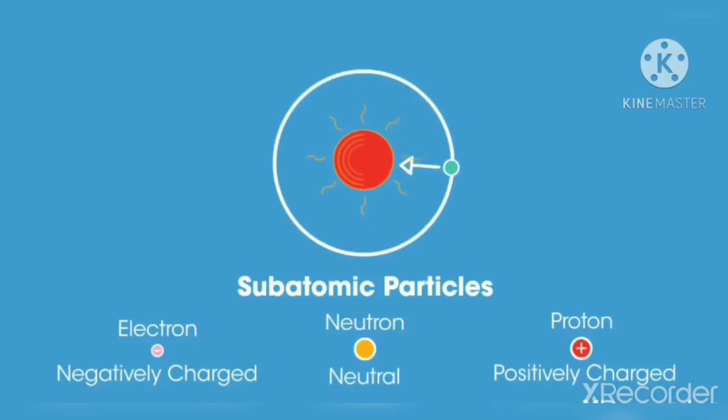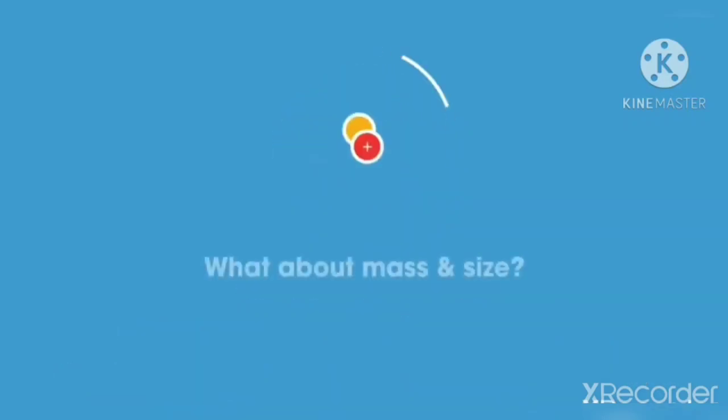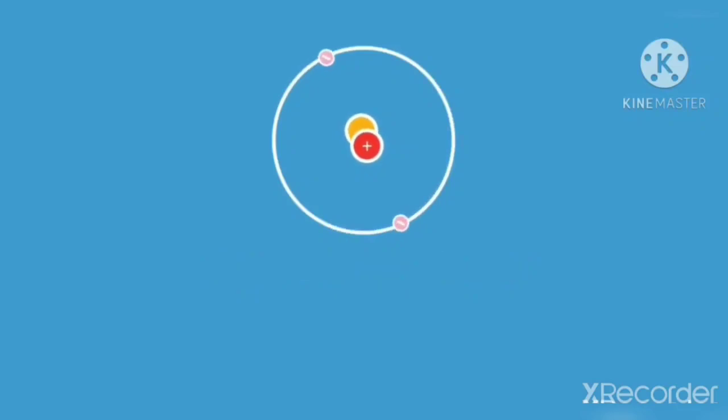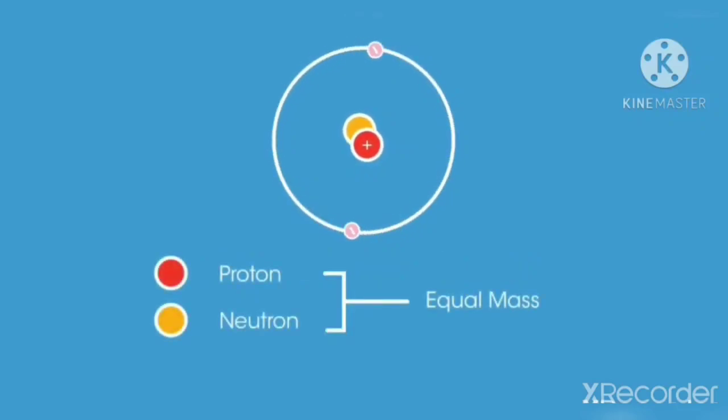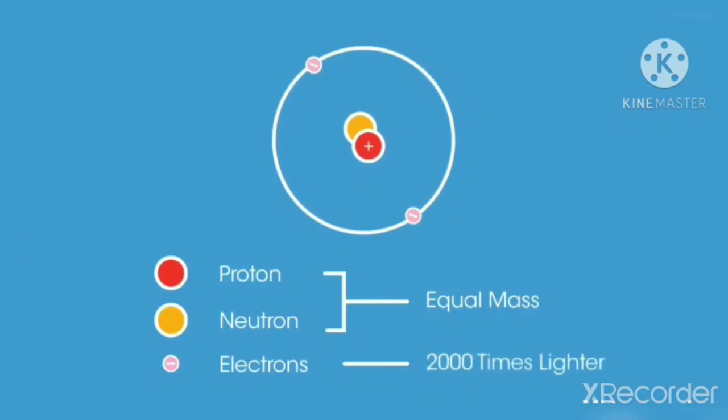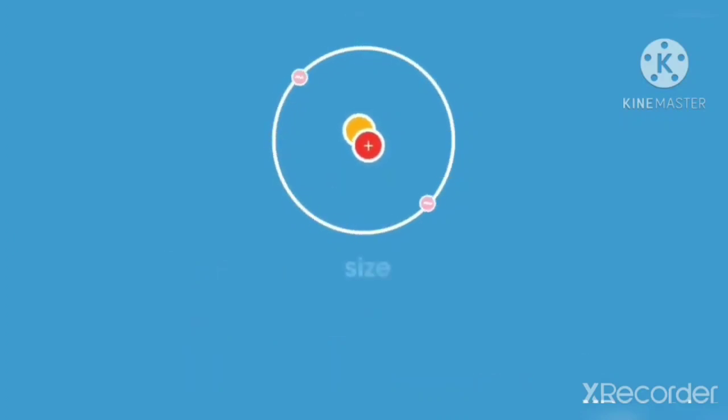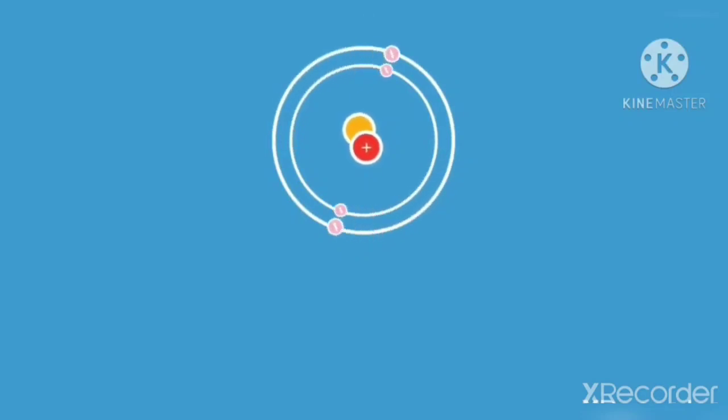What about mass and size? Mass: proton and neutron have the same mass, but the mass of an electron is much less than a proton. In fact, electrons are 2000 times lighter. Let's talk about size. Size is measured by the radius, the radius of the outermost shell from the center.